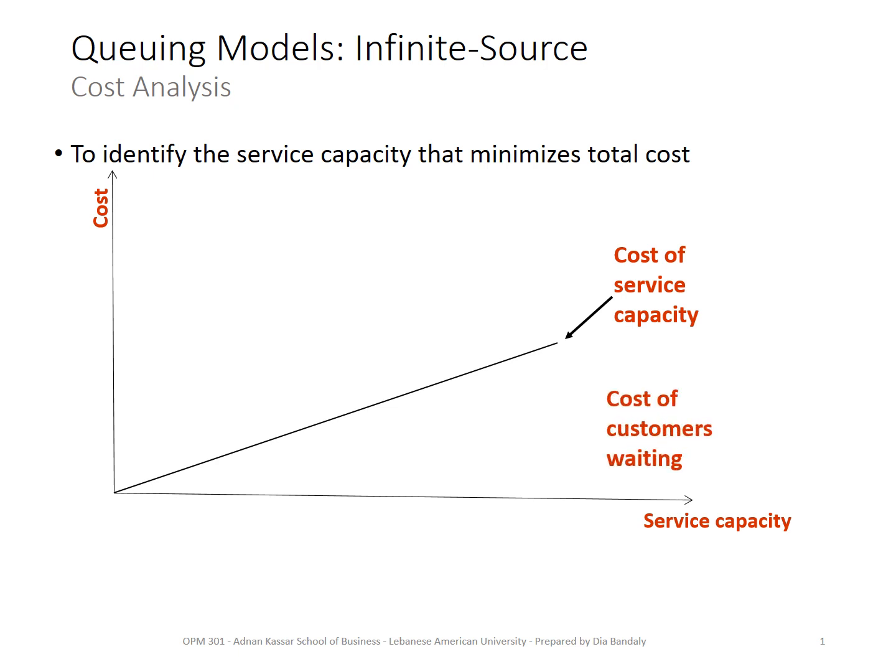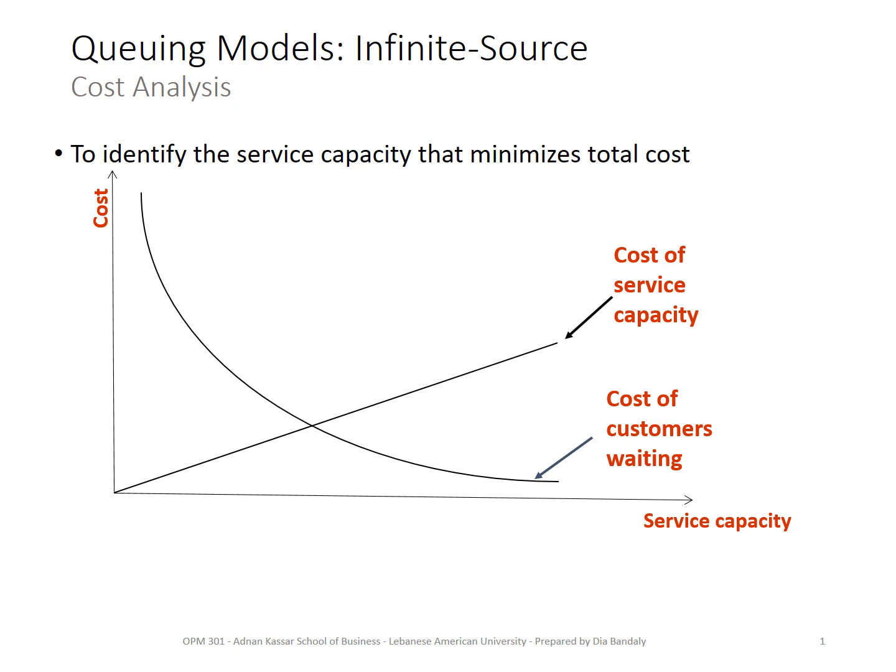The second component is the cost of customers waiting, which is CW times LS. But remember the formula for LS, it's LQ over lambda, and LQ is a very complex formula which will result in a shape like that for the cost. It's exponentially decreasing with the capacity.